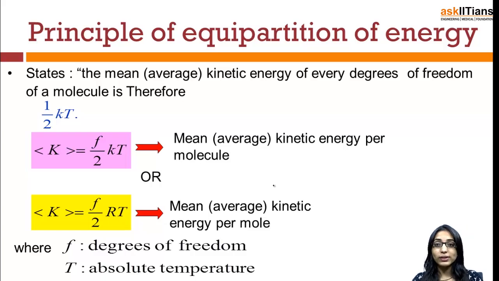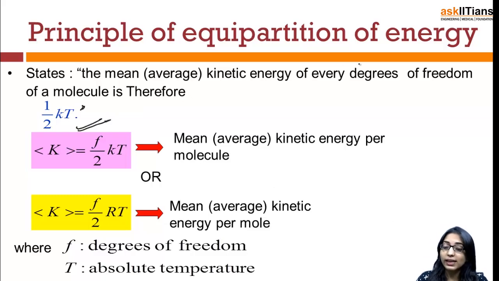Once we are done with this, let us move over to the principle of equipartition of energy. The principle of equipartition of energy states that the mean or average kinetic energy of every degree of freedom of a molecule is half kBT.